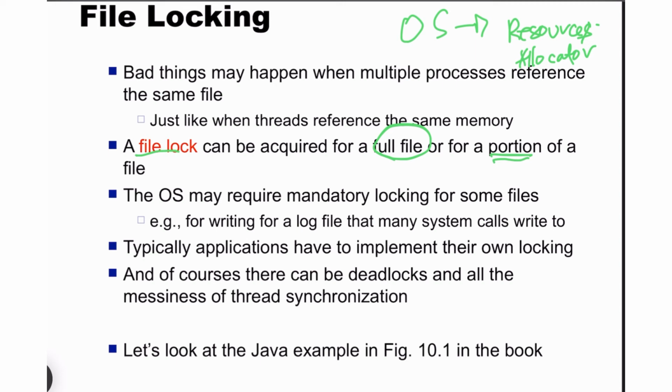The OS may require mandatory locking of some files. For example, for writing a log file that many systems can write to, typical applications have to implement their own locking, and there can be deadlocks and all of the messiness of thread synchronization. Okay, so without file locking, it can cause problems.